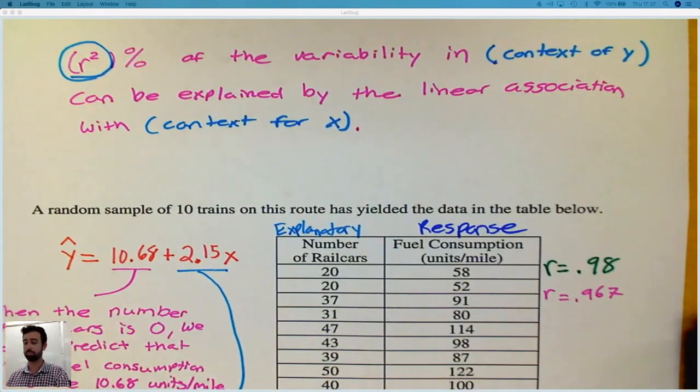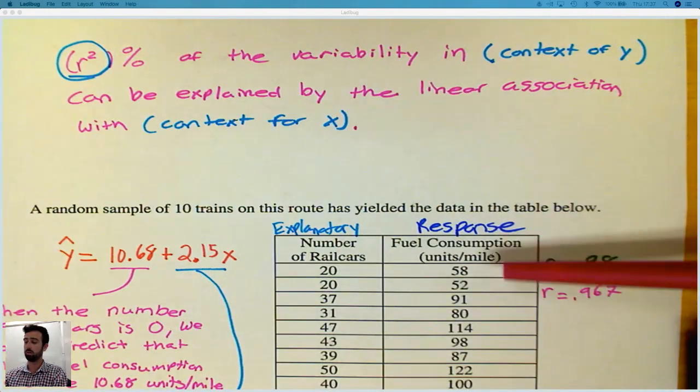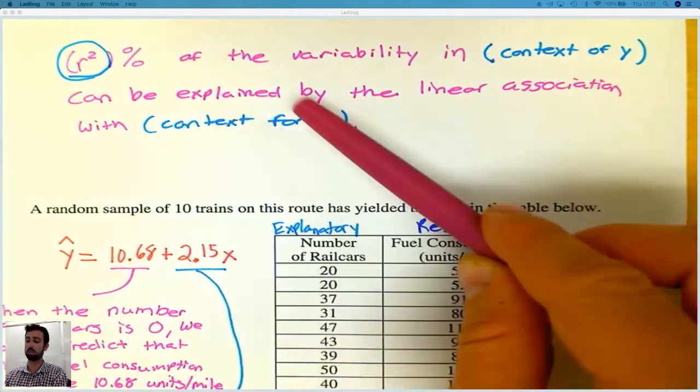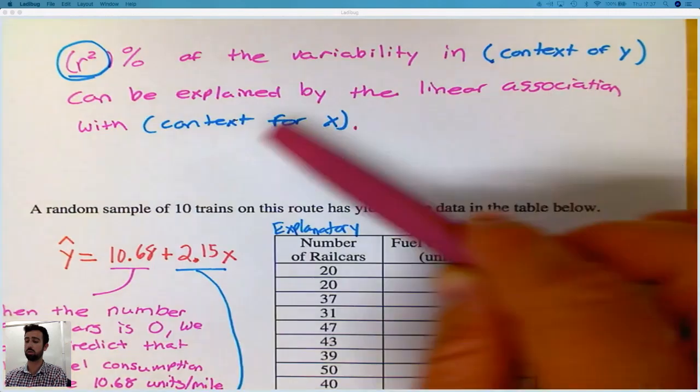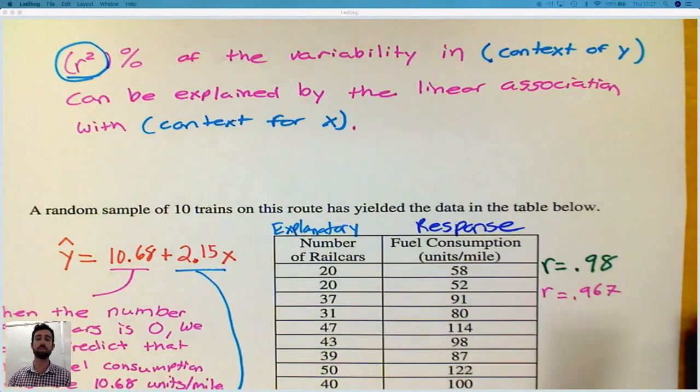So for this problem, we would say 96.7% of the variability in fuel consumption can be explained by the linear association with rail cars. And so what this is really saying is, hey, the change in fuel consumption, 96.7% of the time can be explained by the number of rail cars.